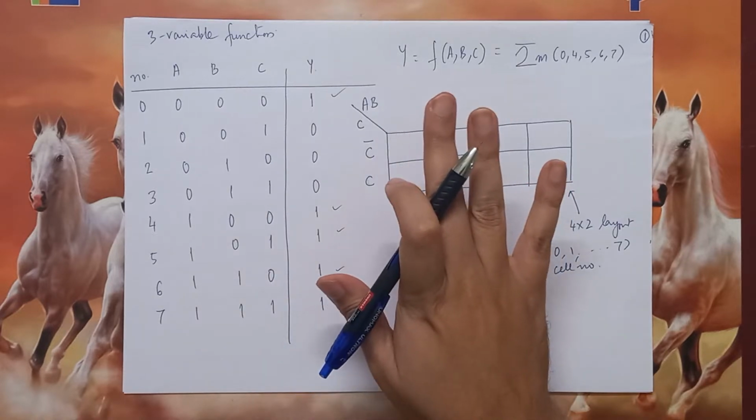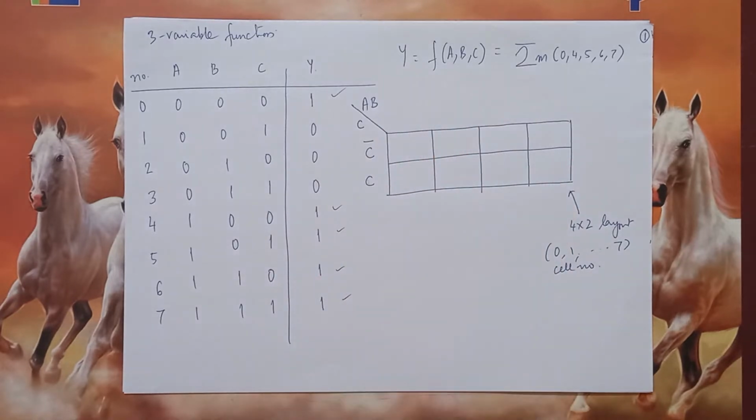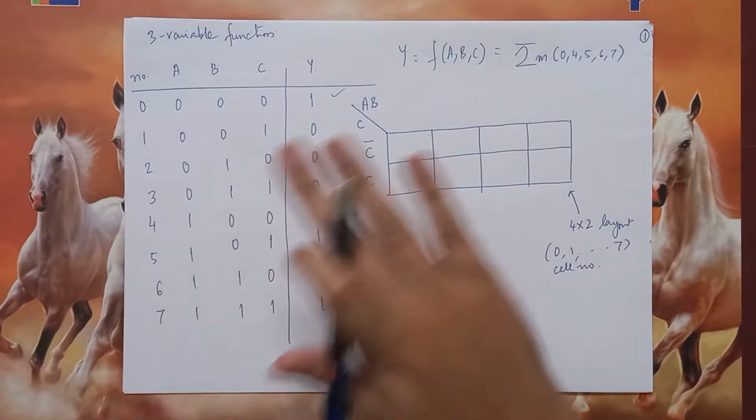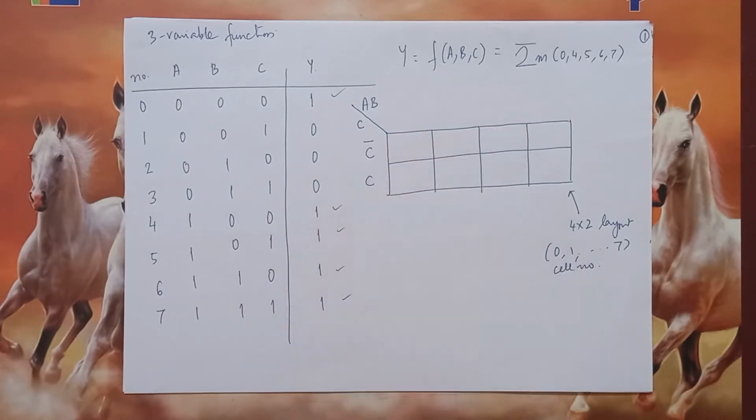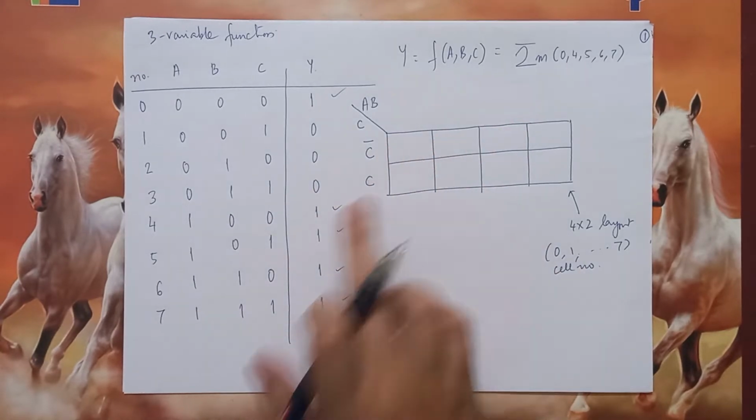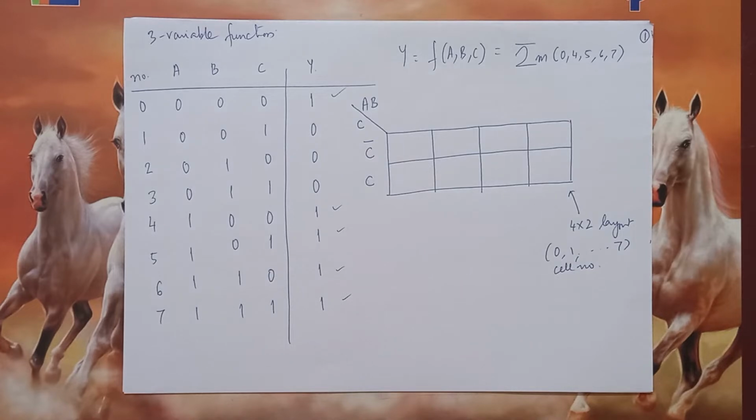Remember how the K-map has to be constructed. The K-map has to be constructed by obeying the implicit gray code. That is, the neighboring cells, neighboring vertical or horizontal cells should differ by only 1 bit position. So therefore, let us start with what we already know.